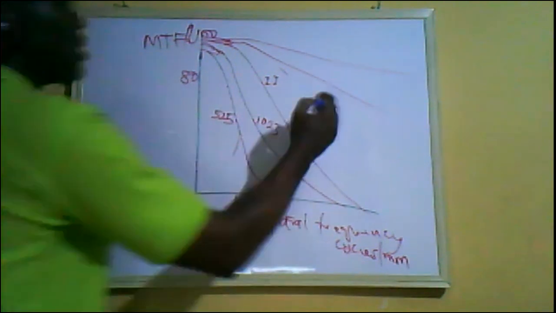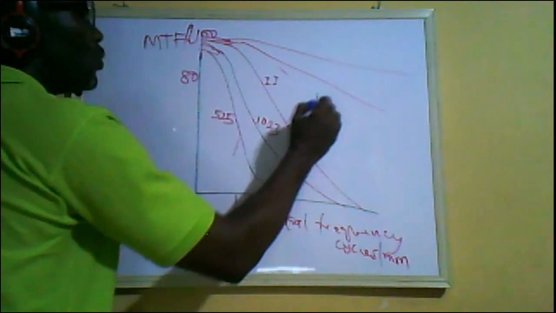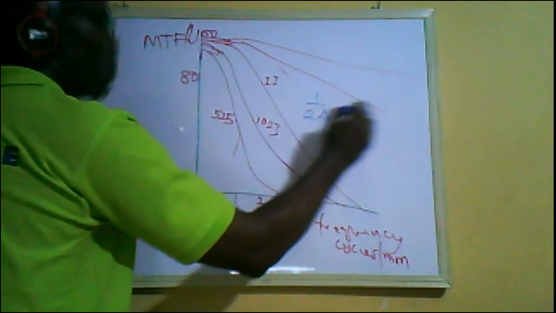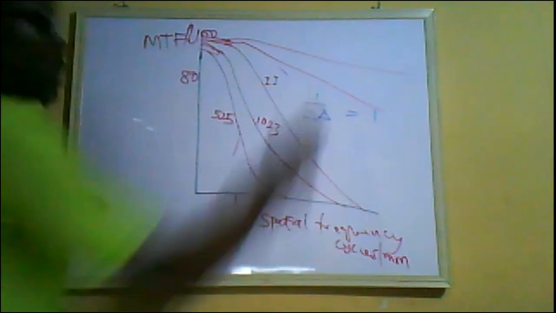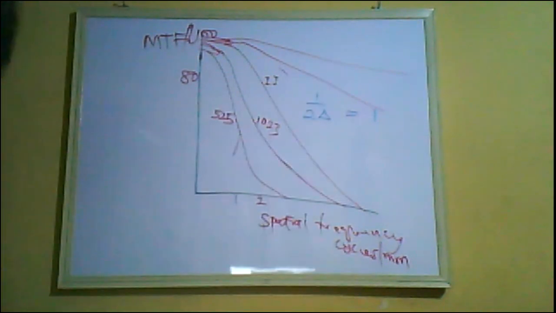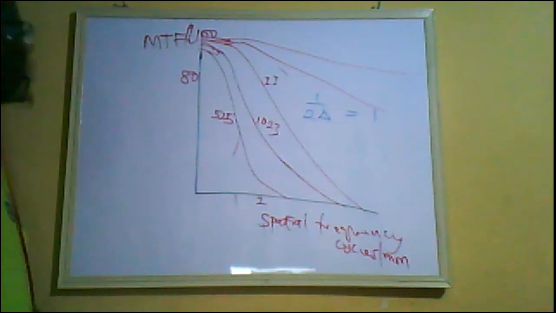It means 1 over 2 delta equals 1, and this is the spatial frequency, 1 over 2 delta. Delta is the dimension of the object, the structure we are looking at.